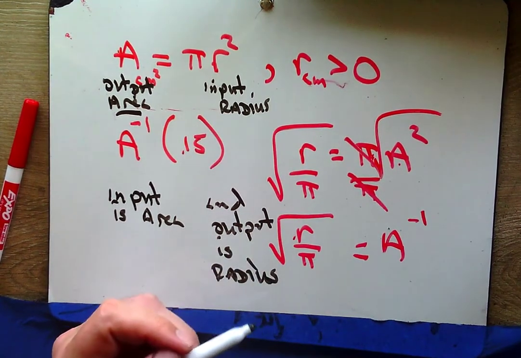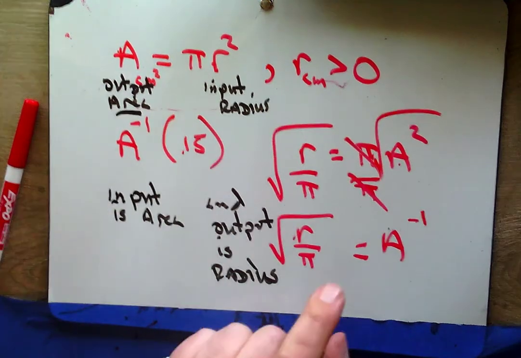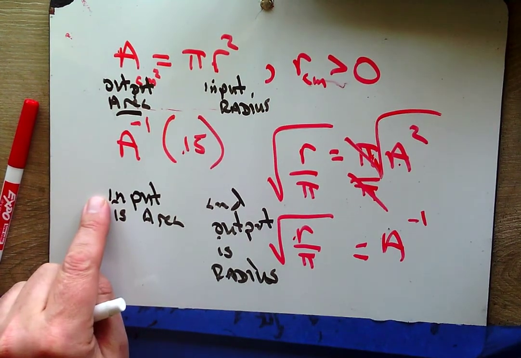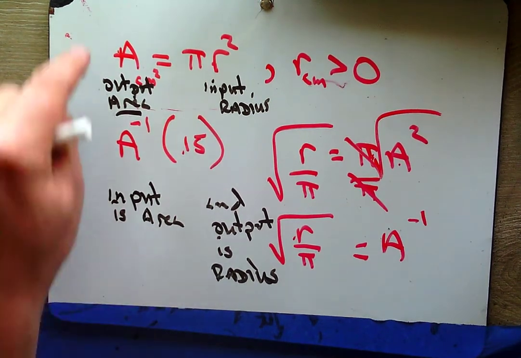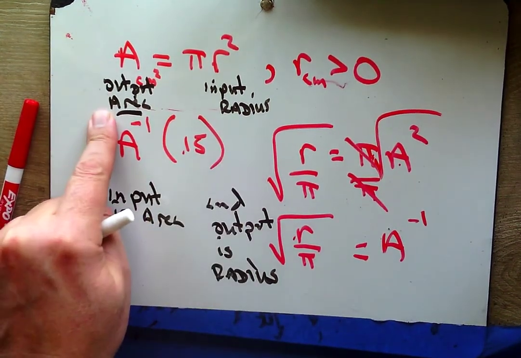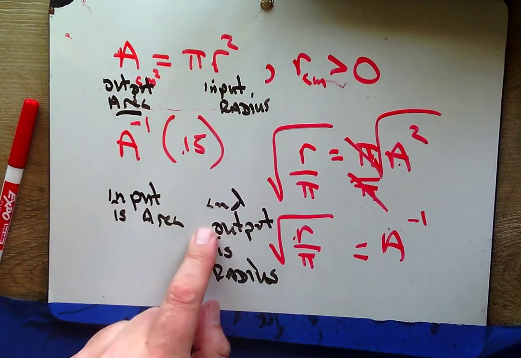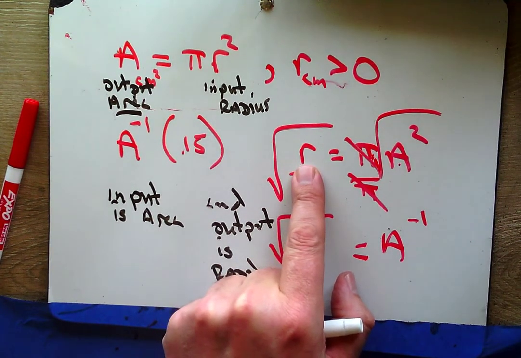And I have a problem with that. I mean, that's perfect. That's correct. There's nothing wrong with that. My problem is over here, because it sure looks like here we've said input is area. If we're talking about the inverse of this function where input was radius and output was area, when we flip those, we've now got input is area and output is radius. So what does that symbol mean? You know what it doesn't mean? It doesn't mean radius.